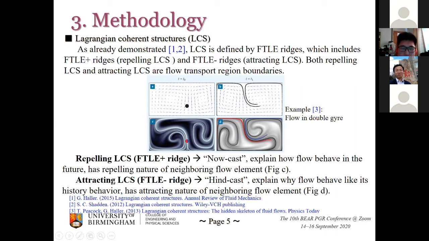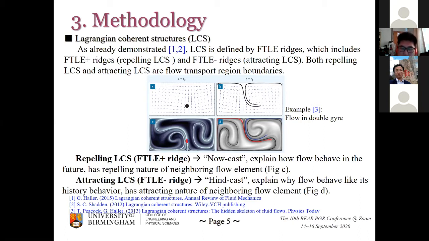So we go to attracting LCS, in figure D. We call this attracting LCS hindcast, and that means it can explain why the flow behaves as it does, like its history.